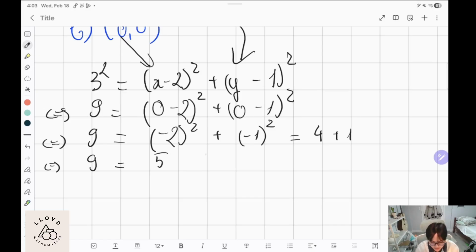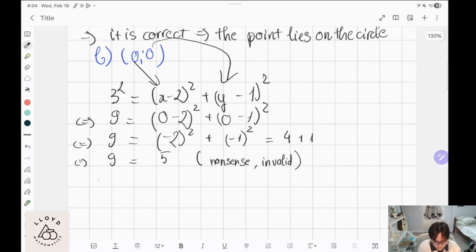That's not correct, so I put invalid or not correct. Therefore, I can conclude that the point does not lie on the circle.